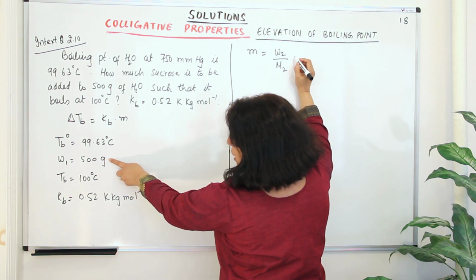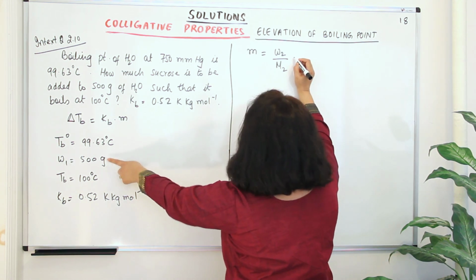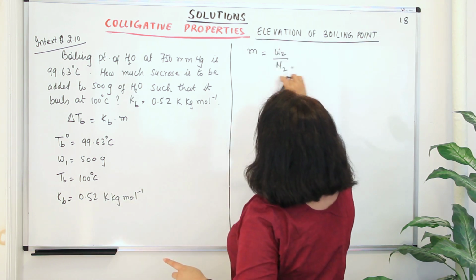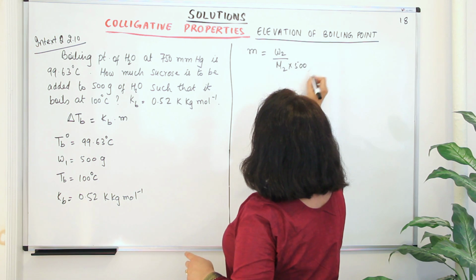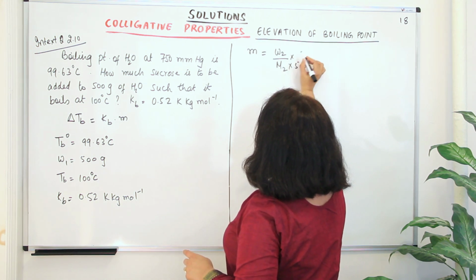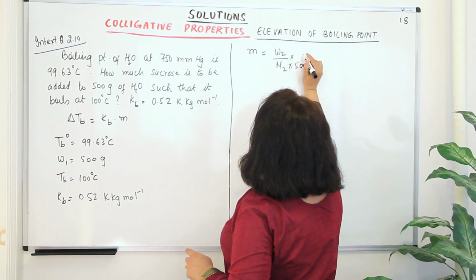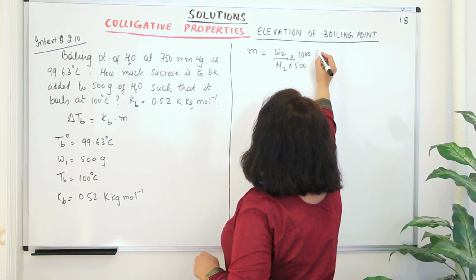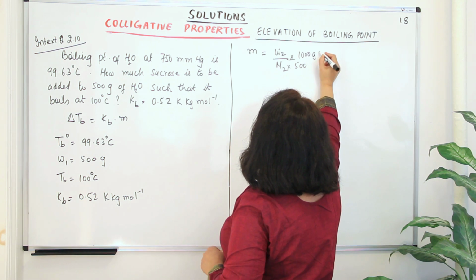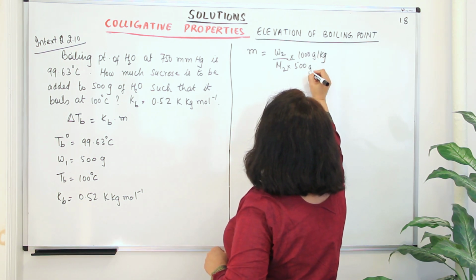We've been given the mass of the solvent, 500 grams. So in 500 grams, this is the number of moles present. So in 1 gram it will be upon 500, and in 1000 grams it will be into 1000 grams per kg, and this is in grams.